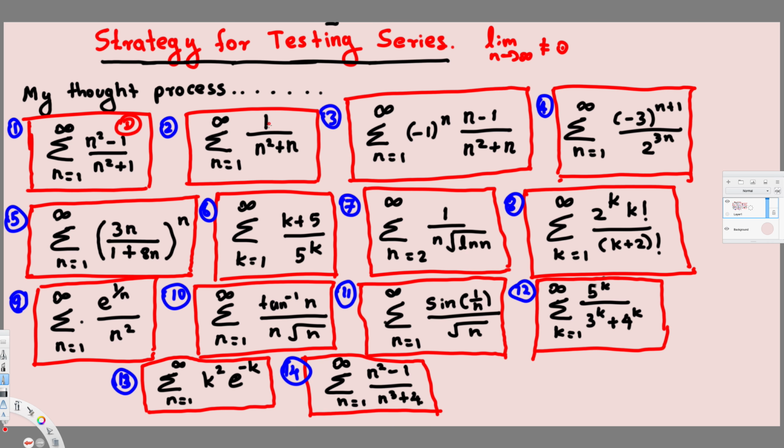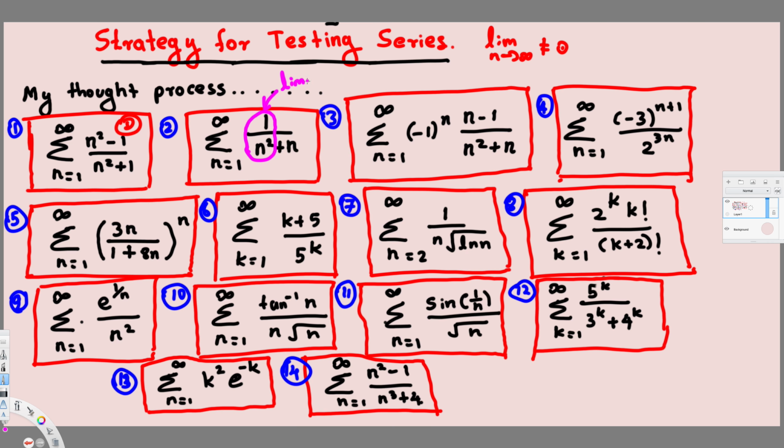Here we have 1 over n squared plus n. If you take this part alone, 1 over n squared, this is a convergent P series because the power is greater than 1. If you see something like this, the first thing we can do is the limit comparison test.